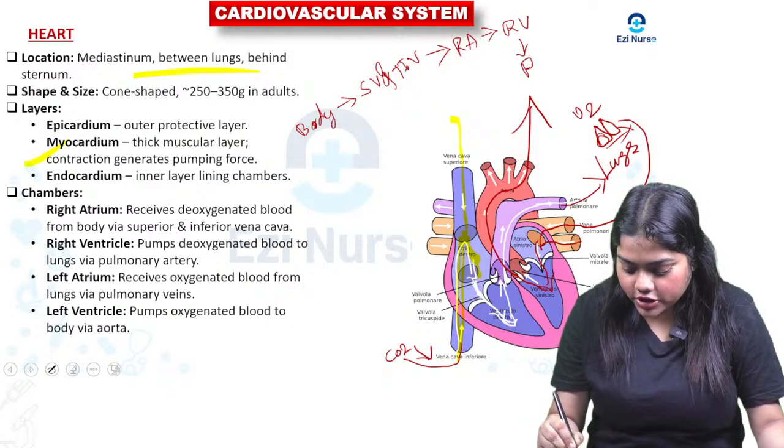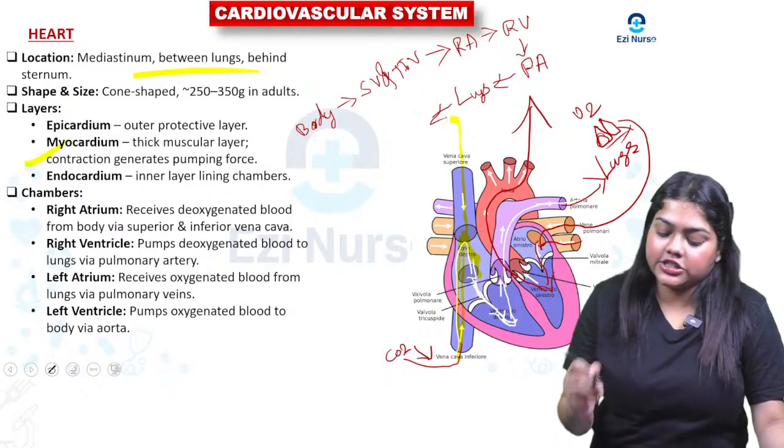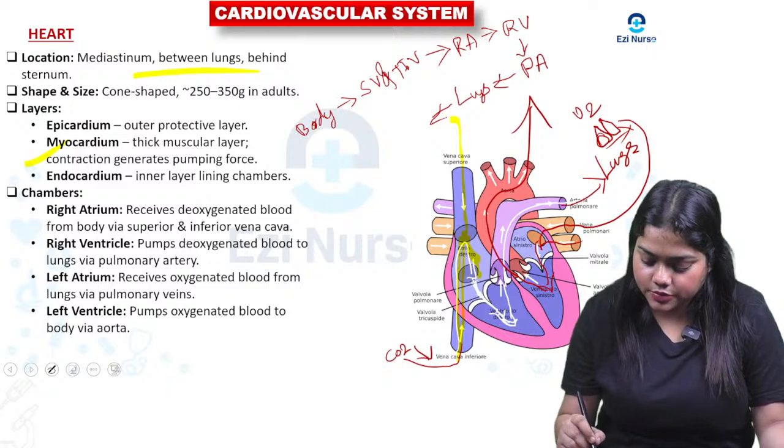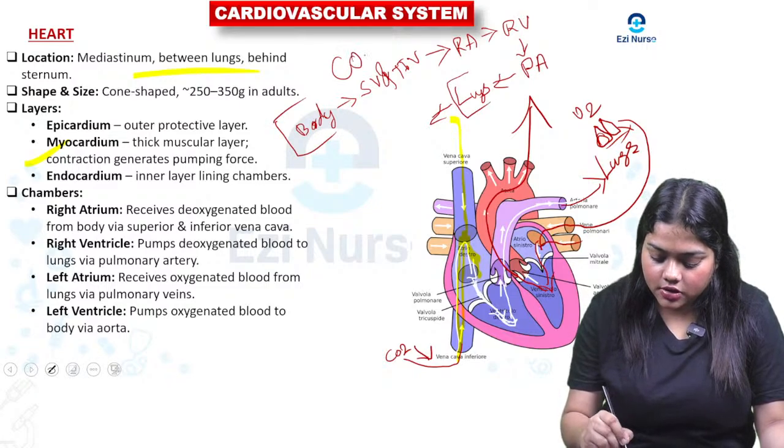Through the pulmonary arteries, to the lungs. From the lungs, the gas exchange will happen. Up to here, this part is all CO2 blood.